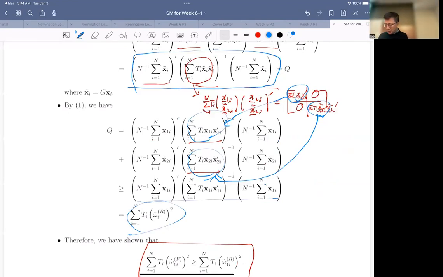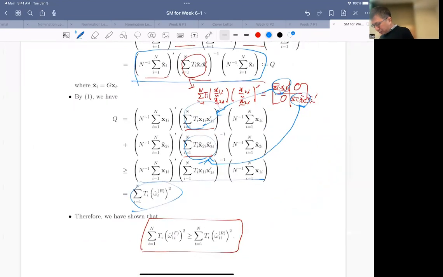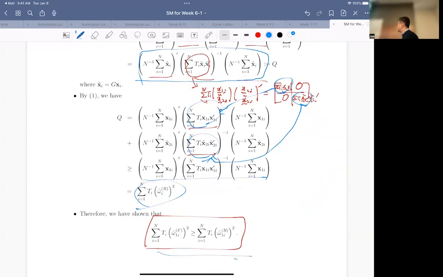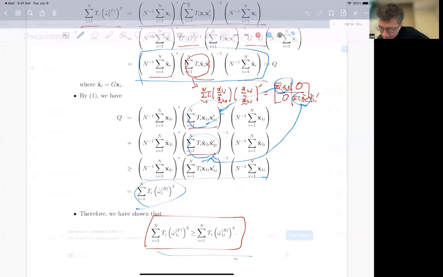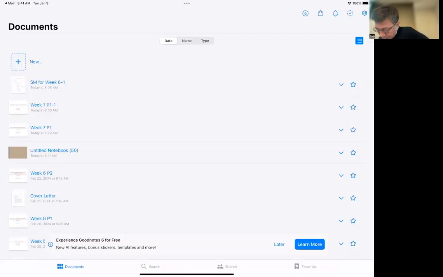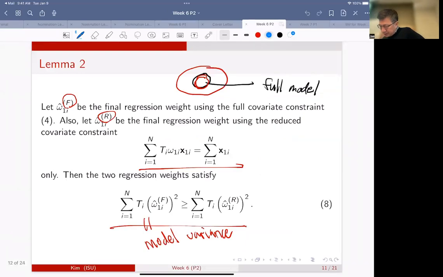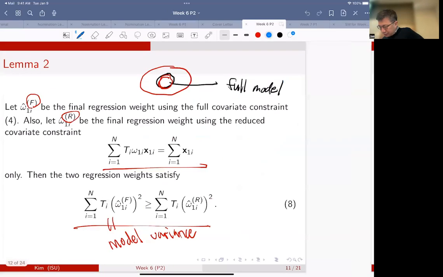So that you can get this result. Okay. So that is the proof. So that takes care of Lemma 2.